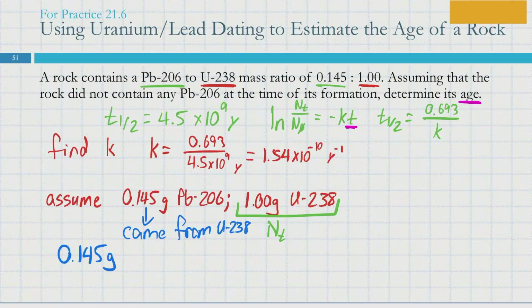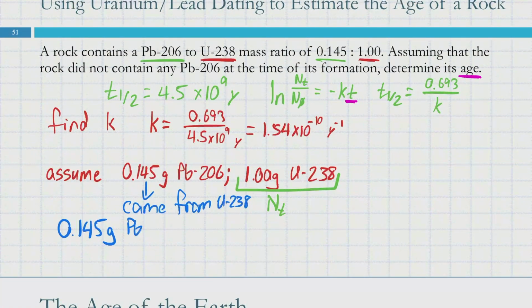So 0.145 grams, Pb206. What's the mass of lead-206? It's the molar mass. Specifically for lead-206, not the lead that we have on the periodic table.